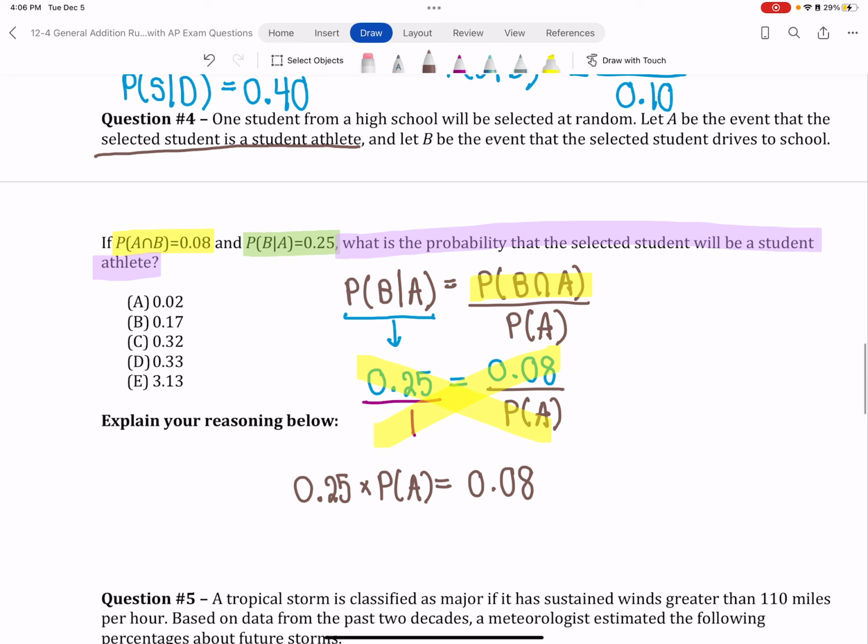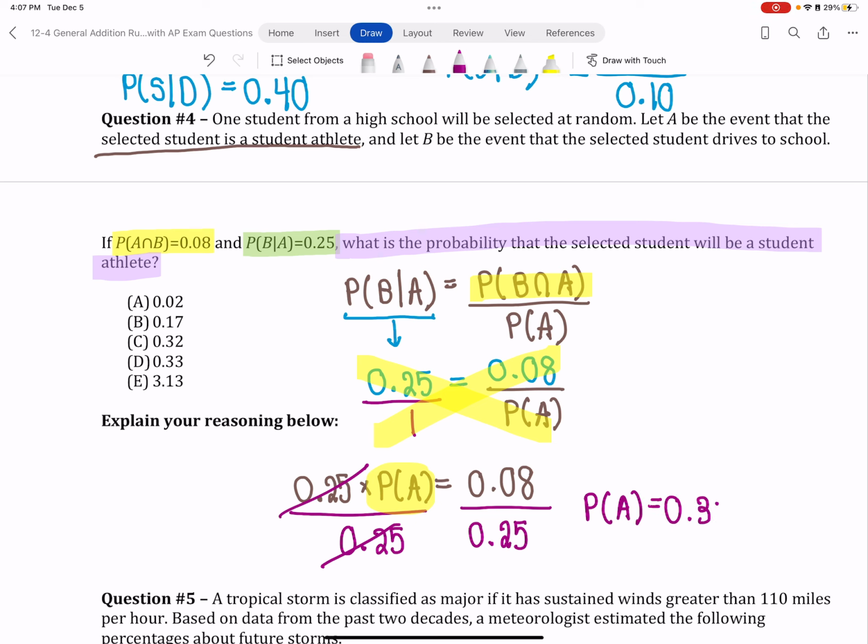And in order to get the probability of A by itself, we need to divide both sides by 0.25. So the probability of A is just equal to 0.08 divided by 0.25, and that gives us an answer of 0.32, which is answer choice C.